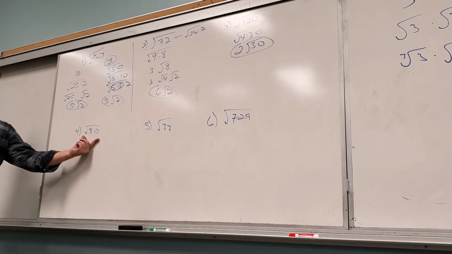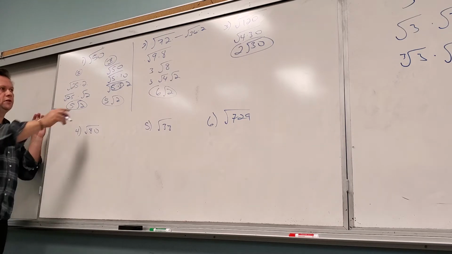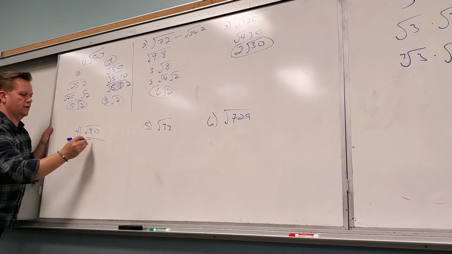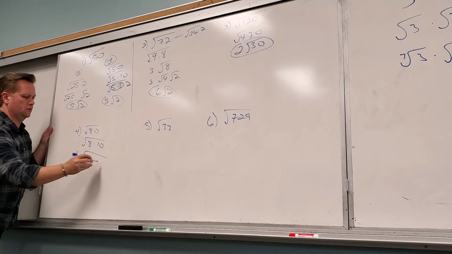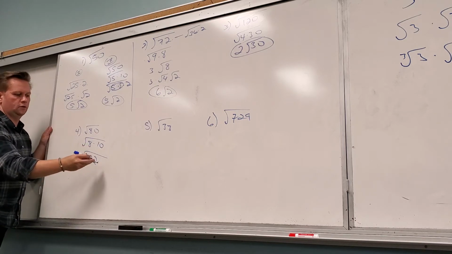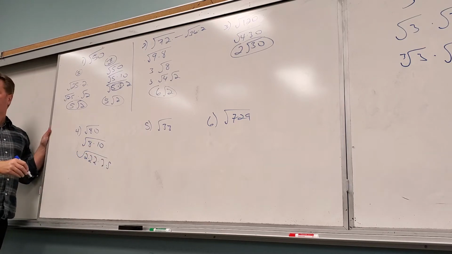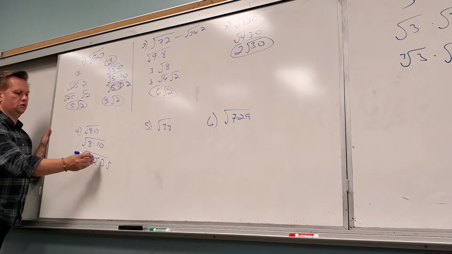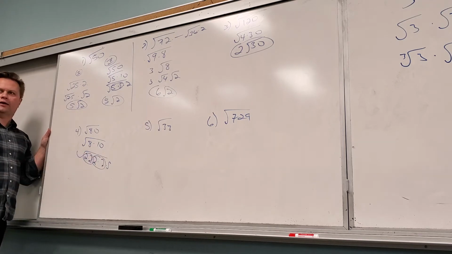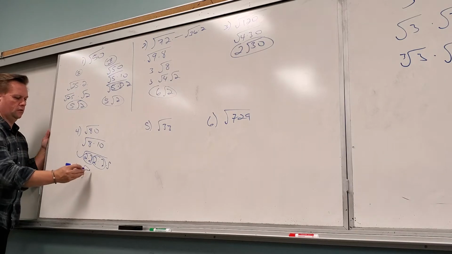What about this one? All right, let's do this one the second method. Why not? So if I think 8 times 10, keep going. 8 is 2 times 2 times 2. 10 is 2 times 5. I like it. And so I circle my groups of 2. So I got 2 factors of 2, which of course is 4.